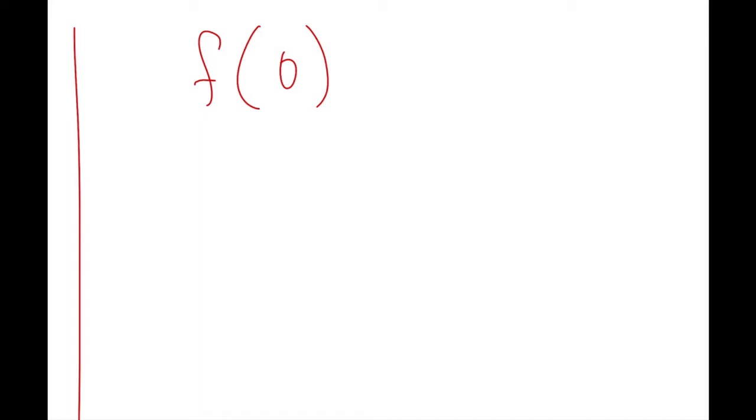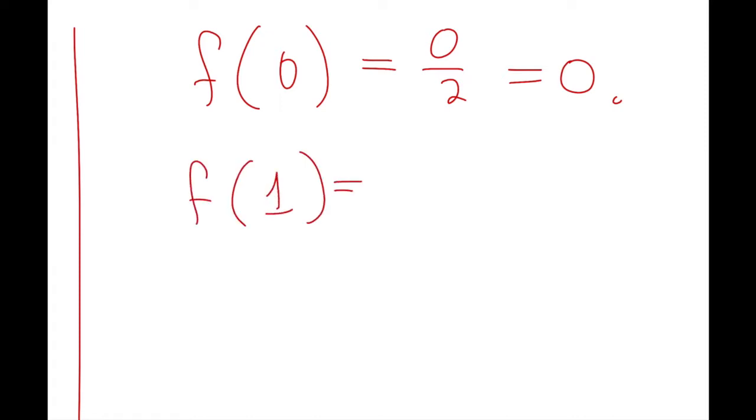Well, 0 is an even number, so that means by our definition of f, we've got 0 over 2, which is just 0. But we also already showed that f of 1, since 1 is odd, we've got that as 1 minus 1 over 2, which, well, that also equals 0.